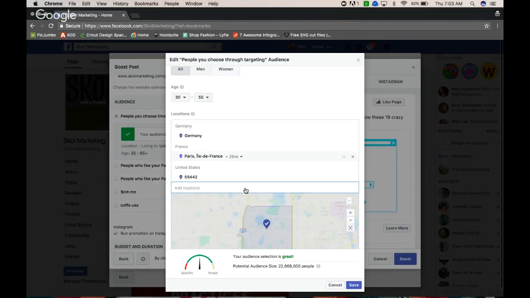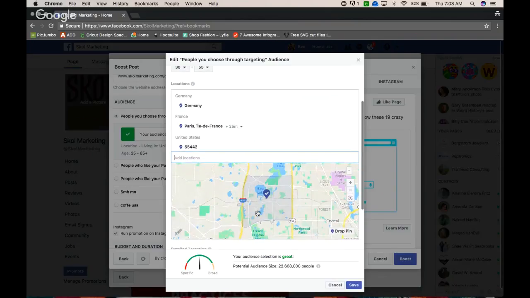What's kind of nice is you're able to add a ton of different maneuverability when it comes to locations, from countries down to, again, cities. You kind of saw at the beginning there, we had states.